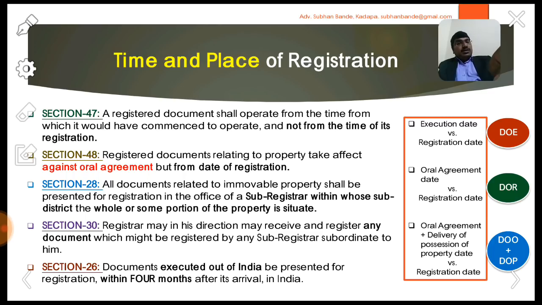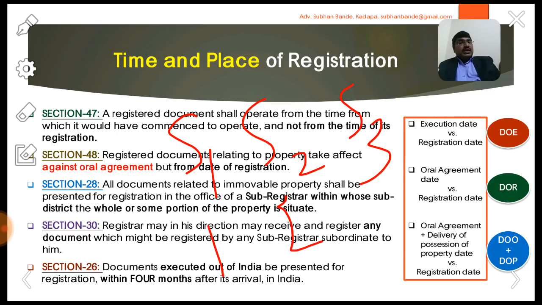Here, sub-registrar 1, sub-registrar 2, sub-registrar 3. Here, this is sub-district 1, sub-district 2 and sub-district 3. In a district, there are 3 sub-districts. For each sub-district, there is one sub-registrar.